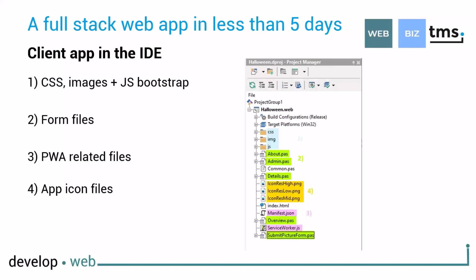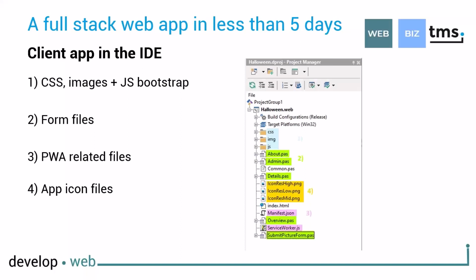These files are essential for making your web client application a progressive web application. These are the files that determine that your application can be installed on your device. This contains the information for instructing your browser how to install the application on your device.